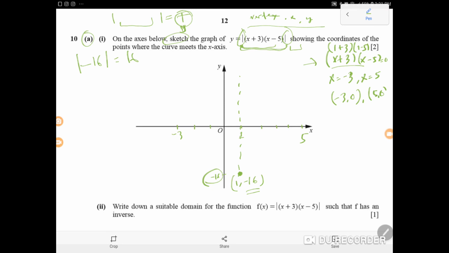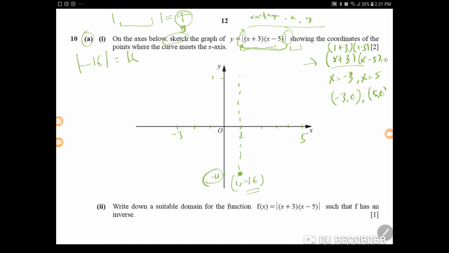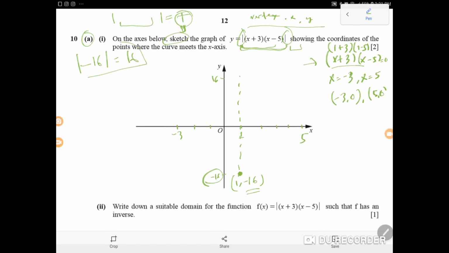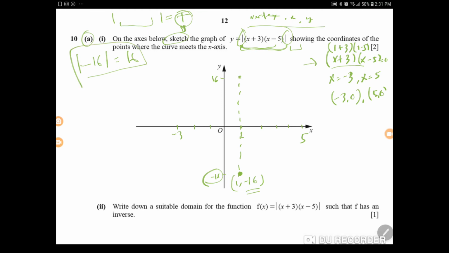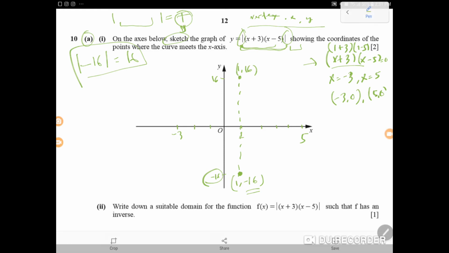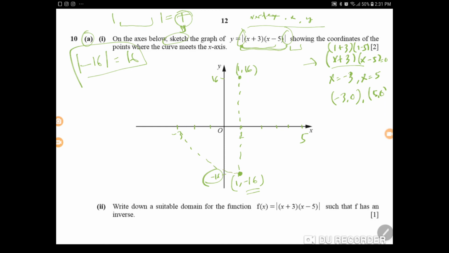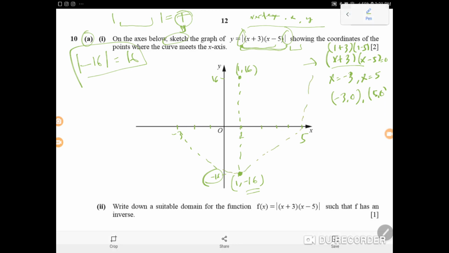So instead of writing negative 16, I'm going to write positive 16 because of the absolute value there. So it will be 1 comma 16. That's it. Let's go directly. So instead of sketching it like this, oh my god, my sketching is terrible for a while.